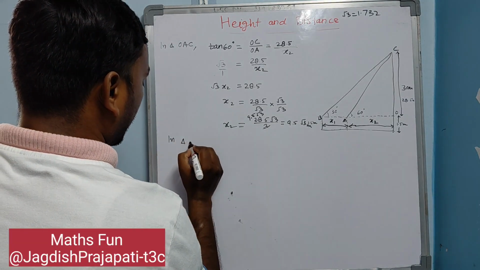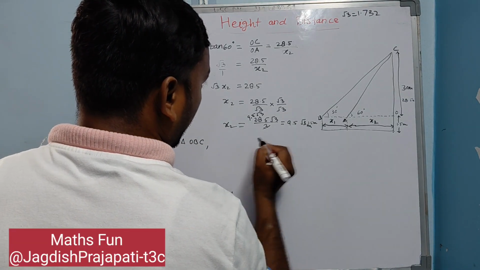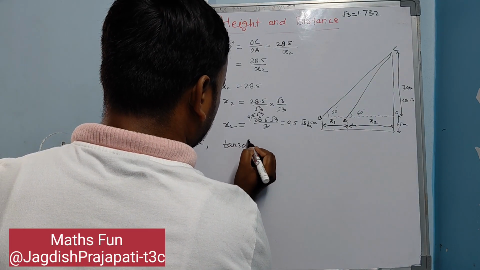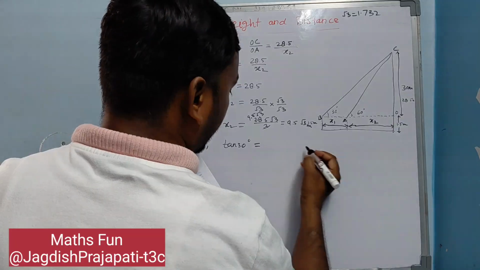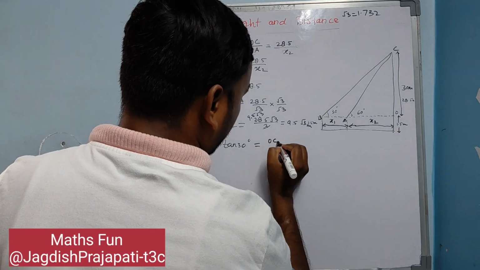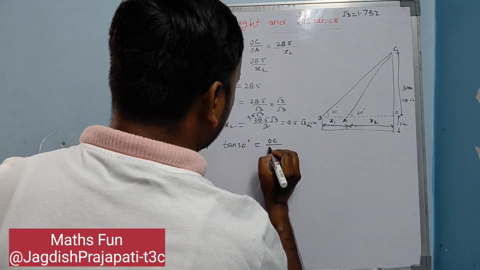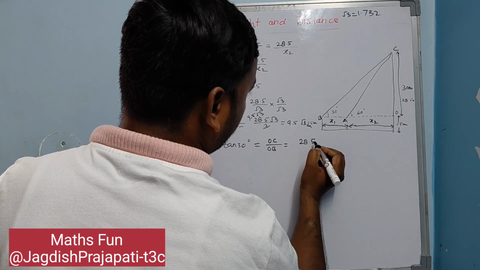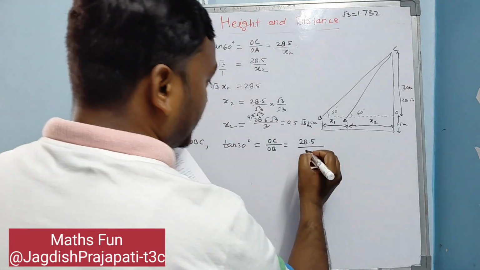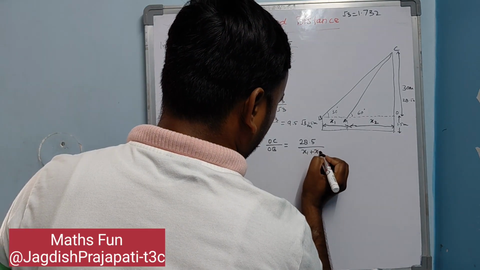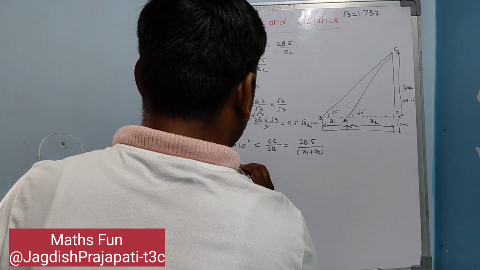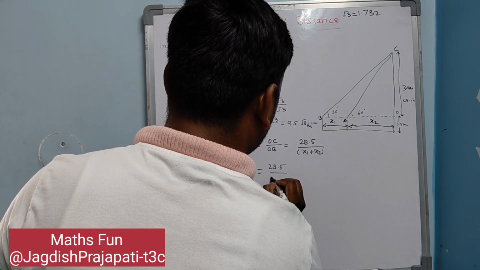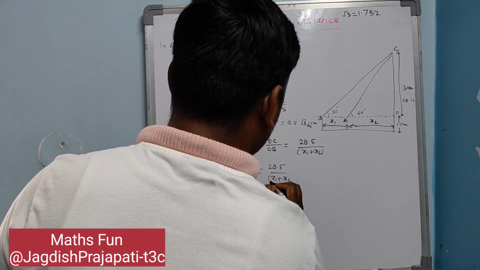In triangle OBC, tan 30 is OC by OB. Okay, OC is 28.5 and OB is x1 plus x2. Tan 30 is 1 upon root 3, and this is 28.5 by x1 plus x2.